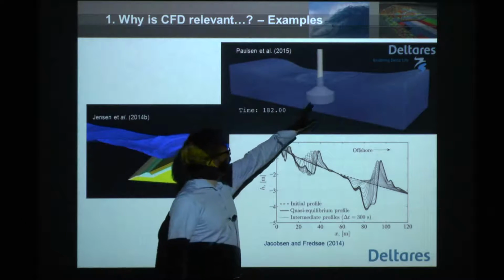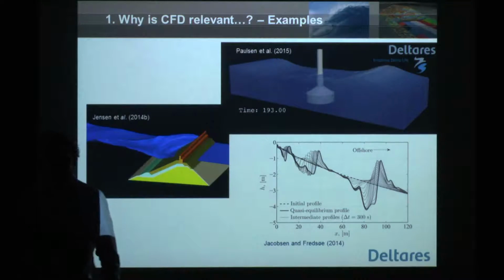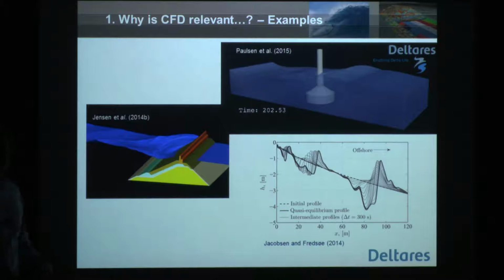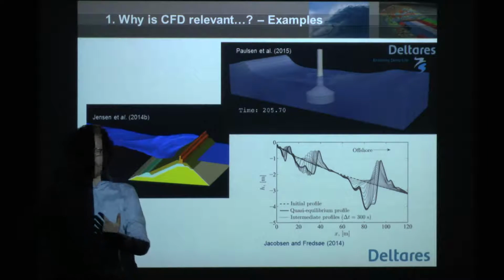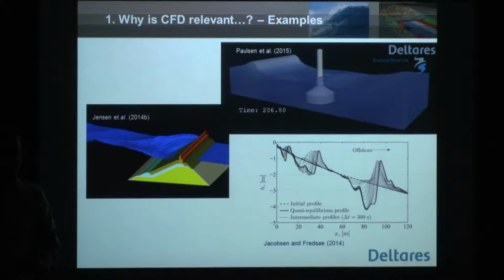Here, there's another example, gravity-based foundations and slamming waves. It's a big concern for the wind industry. Slamming waves create very sharp impulse forces, which can create vibration of the tower and fatigue damage of the tower.